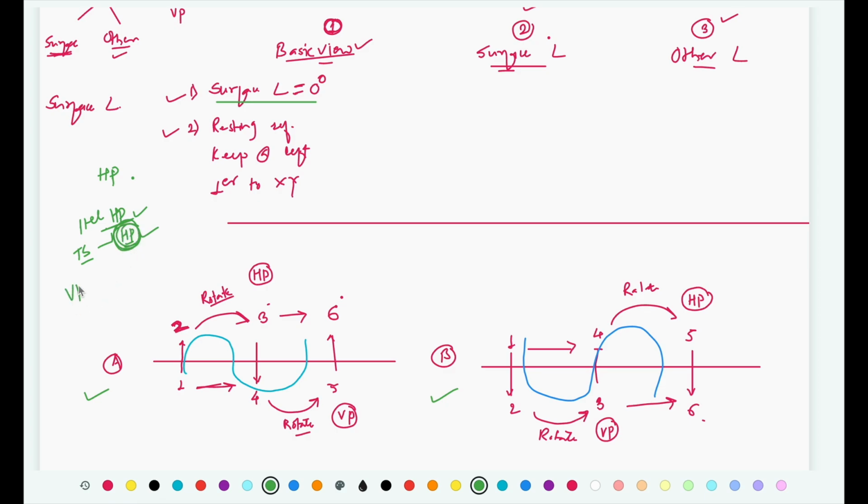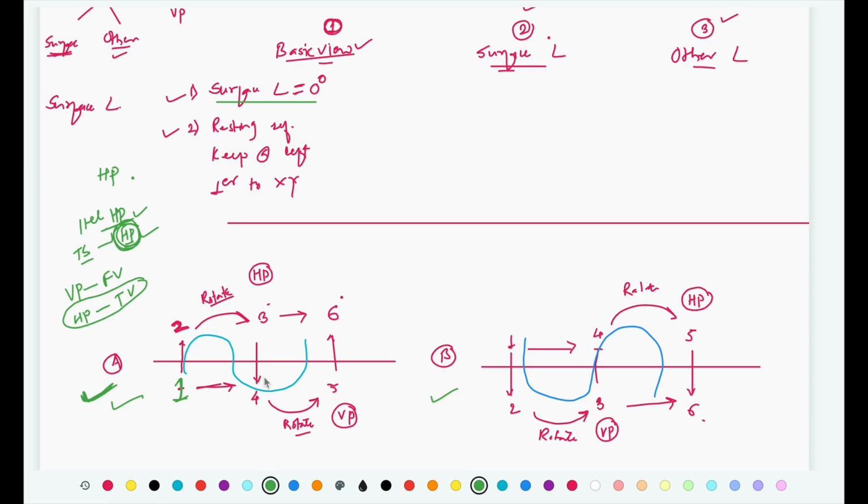So the solution is going to start with a view that you obtain in HP. And we know that in VP you get front view and in HP you get a top view. So now the solution is going to follow scenario A, because we are going to get true shape in HP, that is in a top view. So solution is going to start with the top view.